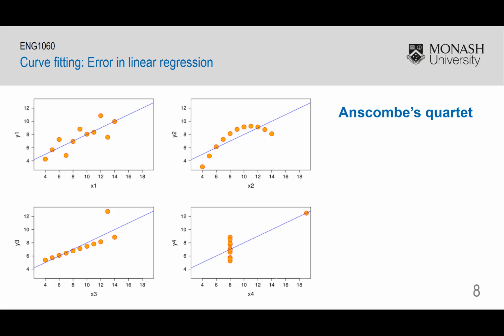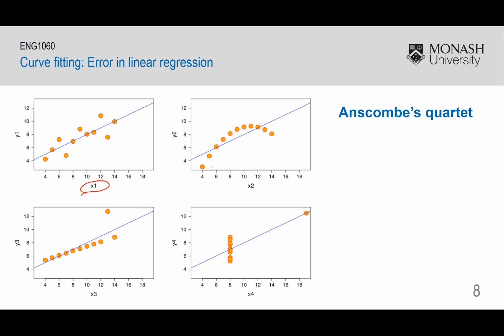The final thing I wanted to say about error in regression is that one needs to be careful making judgments purely on the basis of the coefficient of determination. So here are 4 examples. They're commonly known as Anscombe's quartet. 4 different cases. In case 1, we have a scattered set of data points which we fitted a straight line to.